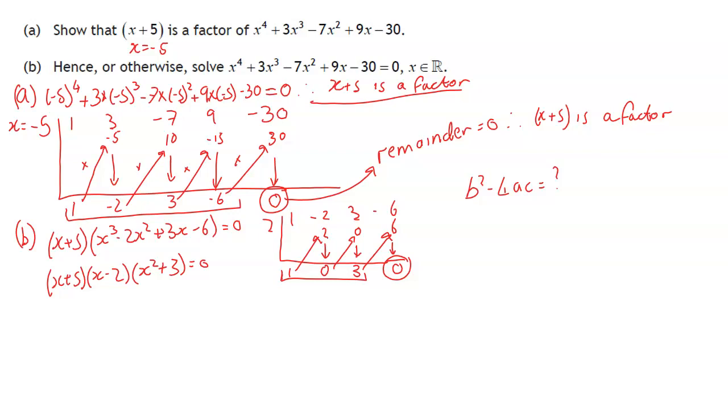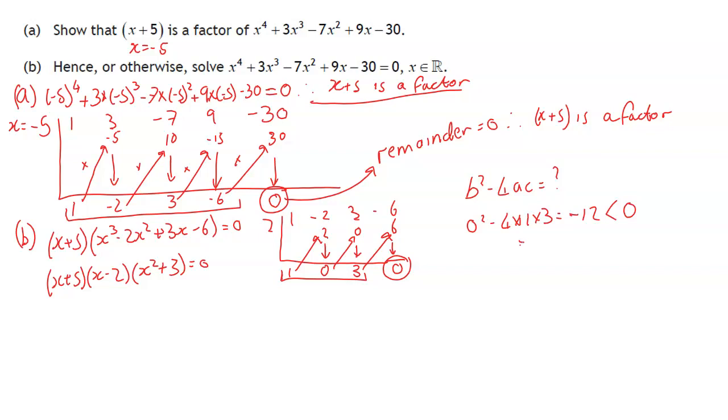What I should get is one of my 3 scenarios: positive, equal to 0, or negative. Now if it's negative, I can't factorise it. Remember that, I've got no real roots. So if I take b, a, and c from it, what I'll end up getting is 0 squared, take away 4, times 1, times 3, which I know is going to equal negative 12, which is negative.